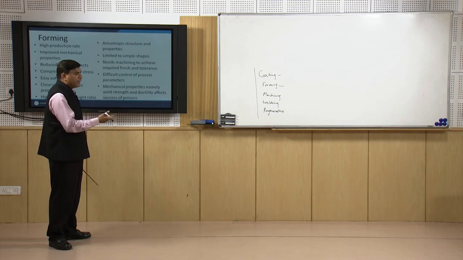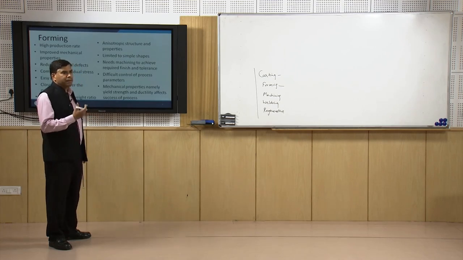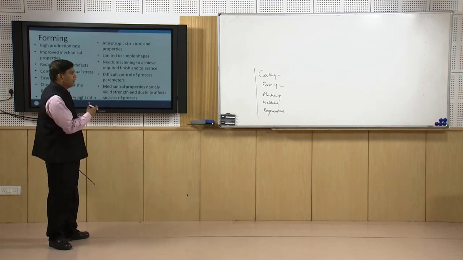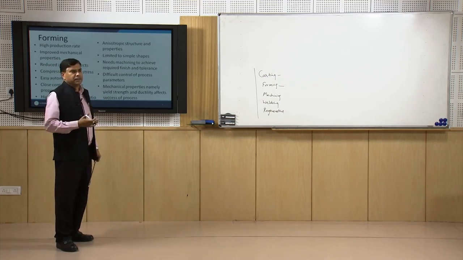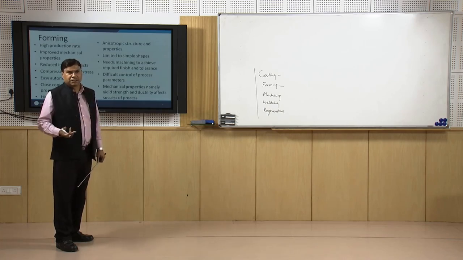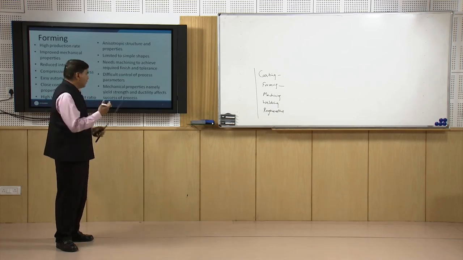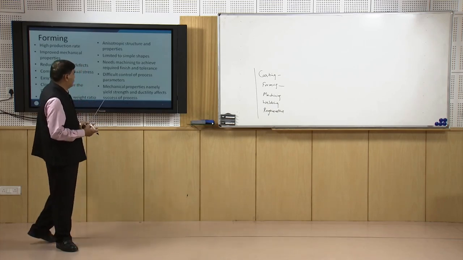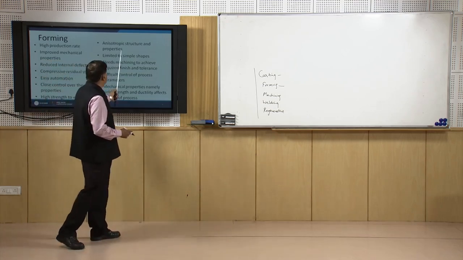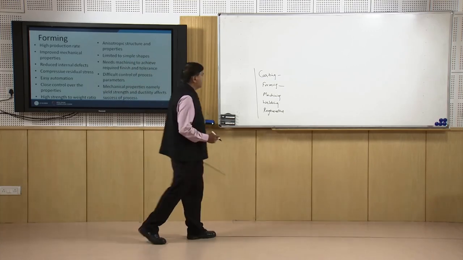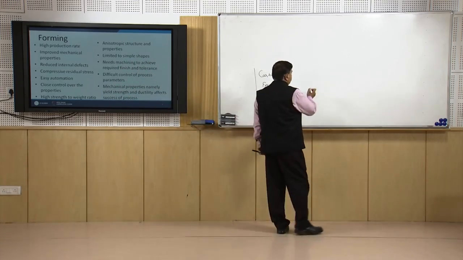If the application of the component made by the forming processes needs toughness as well as ductility, then we need to be careful to avoid any premature failure. I will explain a little bit more about the anisotropic structure and properties of the formed component.